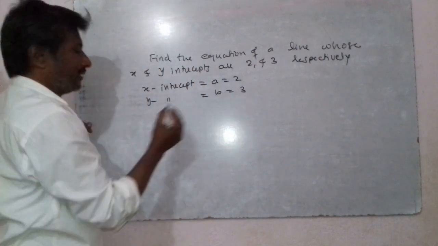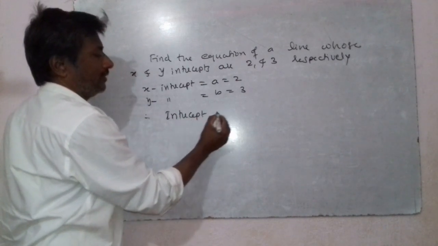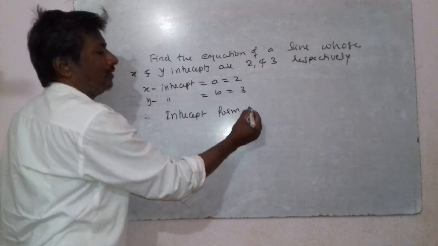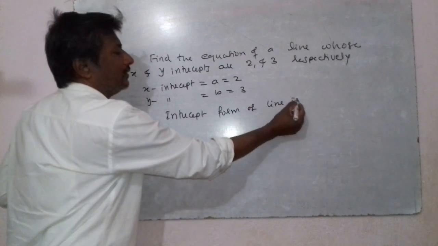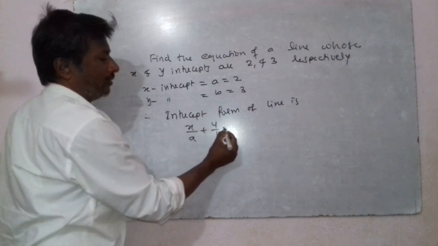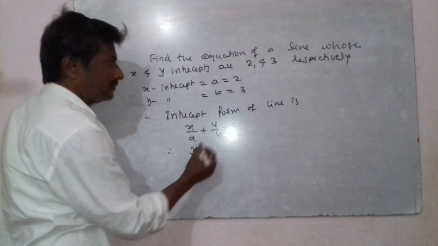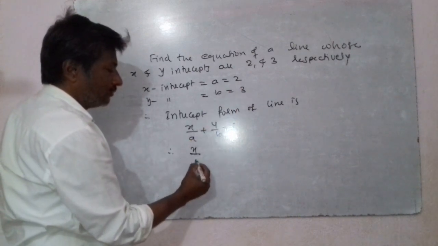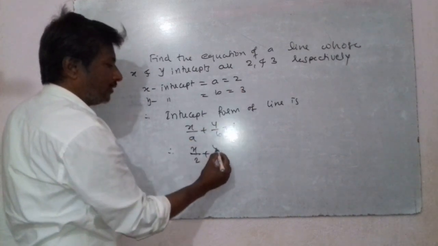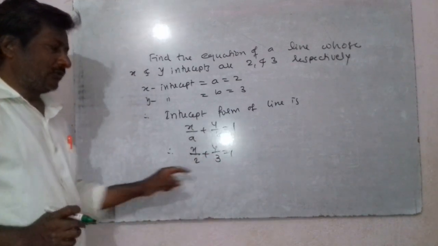So intercepts are given, therefore the intercept form of the line is x upon a plus y upon b equals 1. So x upon 2 plus y upon 3 equals 1.